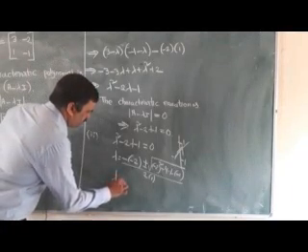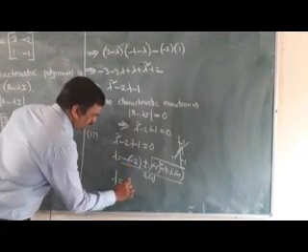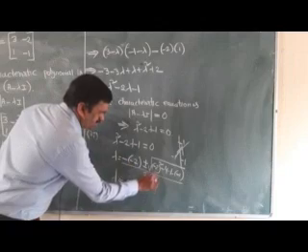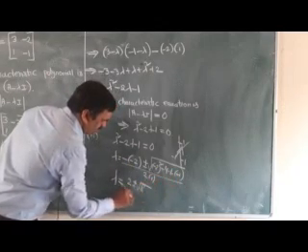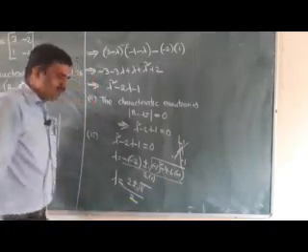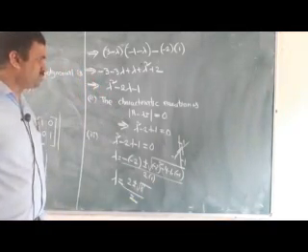Here a value is 1, b value is minus 2 and c value is minus 1. So lambda equal to minus of minus 2, that is 2, plus or minus root over 2 square, 4, minus 4 into 1 into minus 1, root 8, by 2.